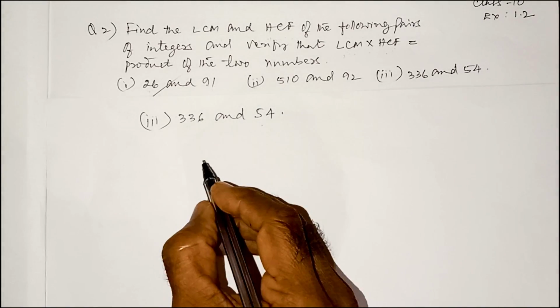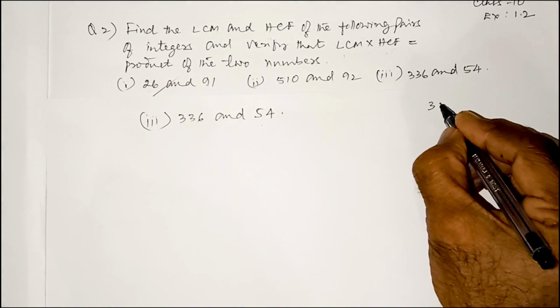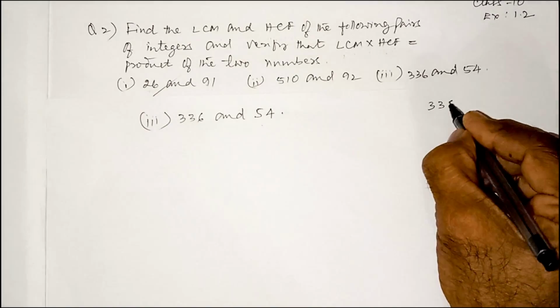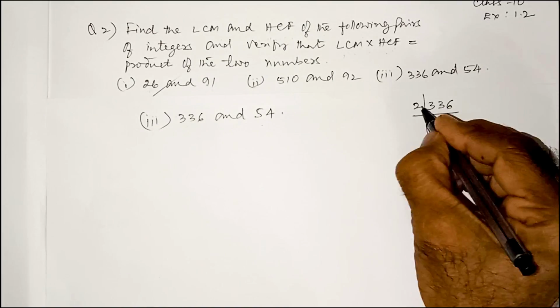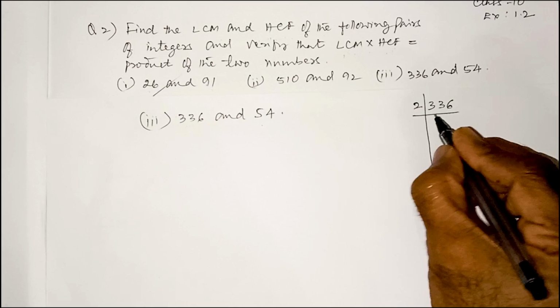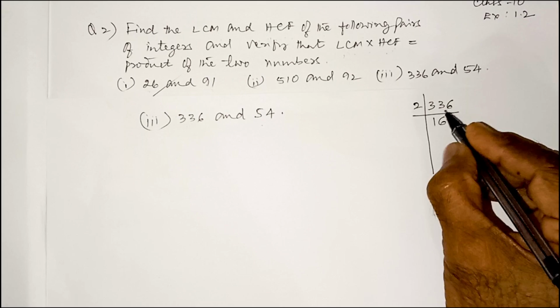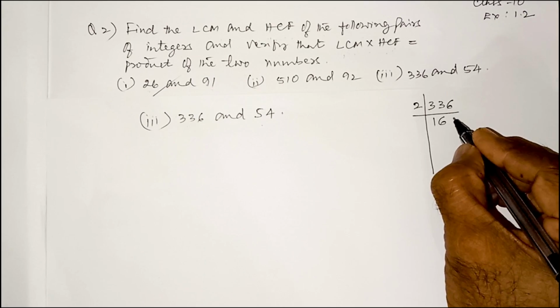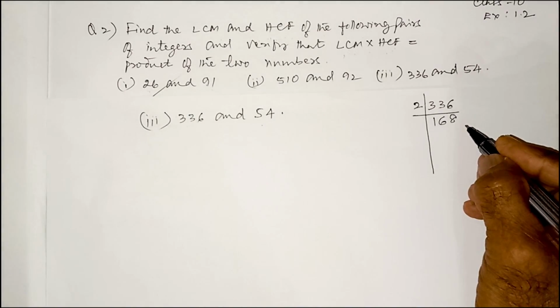For that, the first step is, first take out the factors of each number. You know very well what is the way to find out the factors. Let us start from 2. 2 is dividing this number easily. 2 into 1 is 2. 2, 6 is 12. And 2 into 8 is 16.